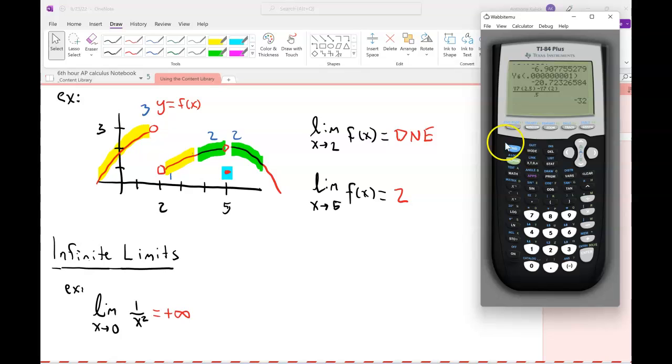If you had chosen to use a table to do this, I would just do it this way. Let's do the left-hand limits first. We'll get progressively closer to 0 from the left. And you notice that as I'm getting closer and closer to 0, we're getting a bigger and bigger number, right?